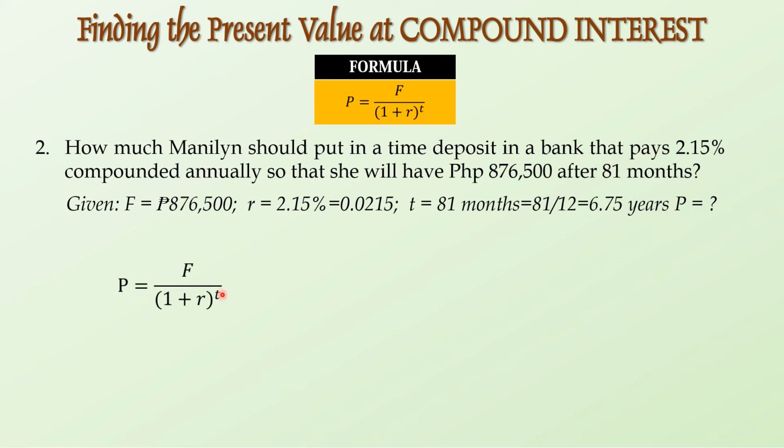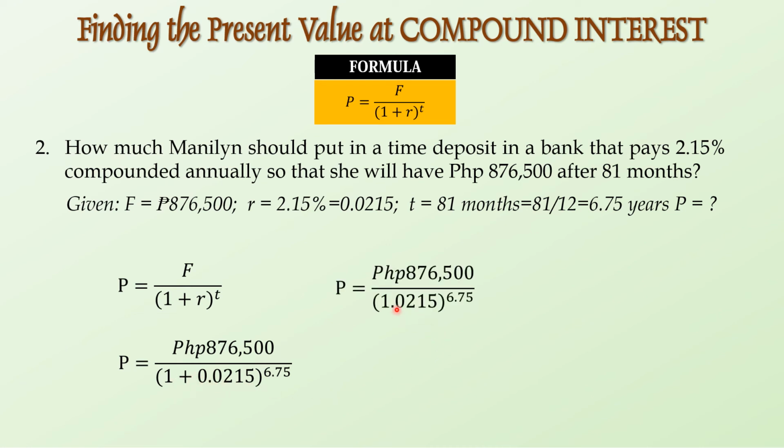Okay, using the formula, plug in ulit natin ang values. Then add the 2 nasa denominator. That is 1.0215. Ito, in-add natin ng dalawa. Ito yung result niya. Then raise natin yan sa 6.75. Using your scientific calculator, either the scientific calculator itself or the application in your cell phone.